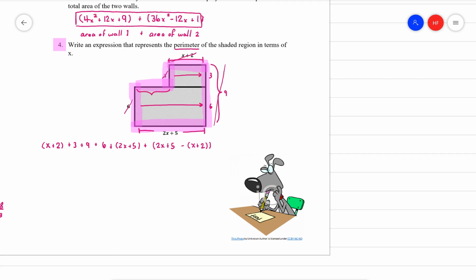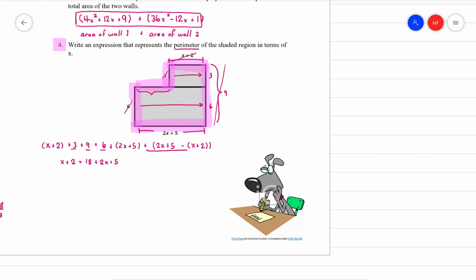So we're going to take it one tiny little step at a time. x plus 2 in the parentheses. Did anything change? No. So we're going to keep x plus 2 the same. 3 plus 9 plus 6, we can combine all three of those. So 3 plus 9 plus 6 is the same thing as 9 plus 9, which is 18. Now in the parentheses again, did anything happen to 2x plus 5? No. So plus 2x plus 5.